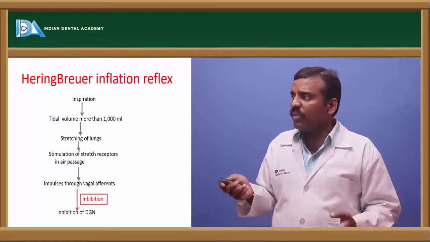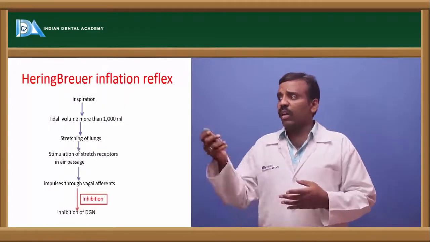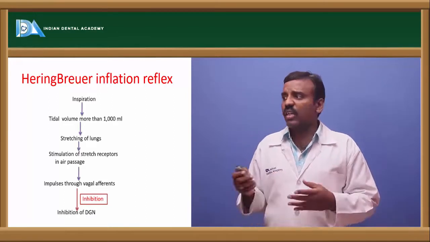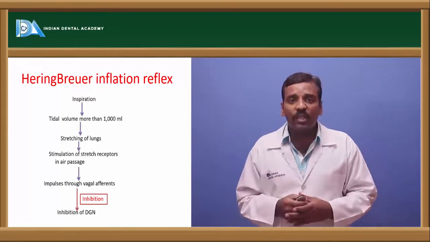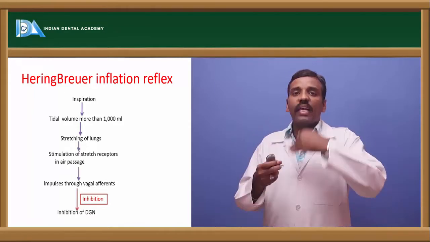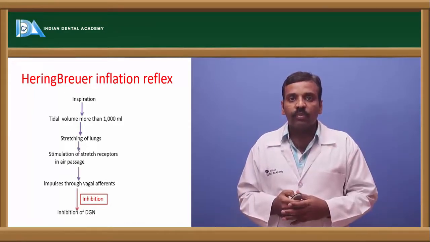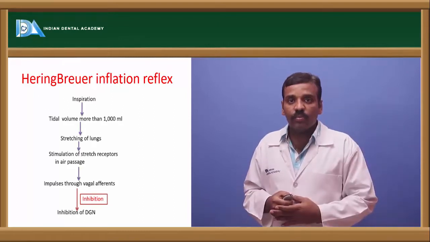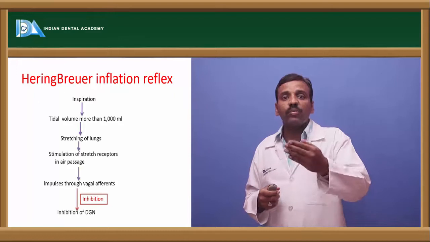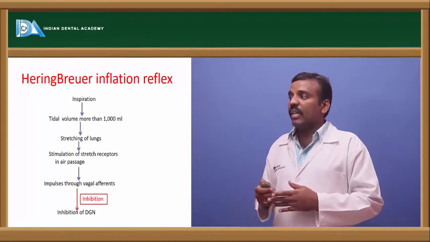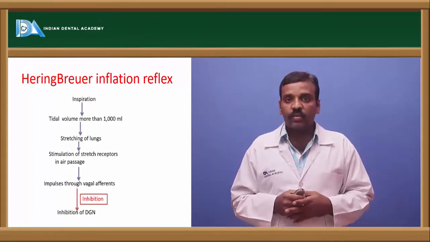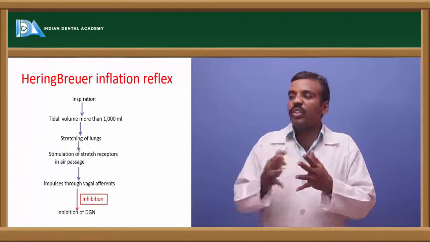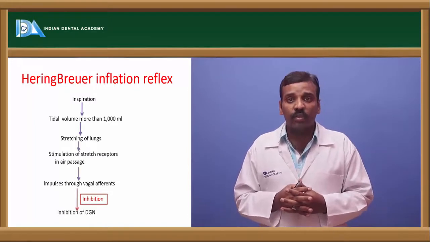And the next one is the Hering-Breuer inflation reflex. During inspiration, after taking the tidal volume, if the inspiration is more than 1000 ml, there is stretching of the lungs, and after that there is stimulation of the stretch receptors in the air passageway.